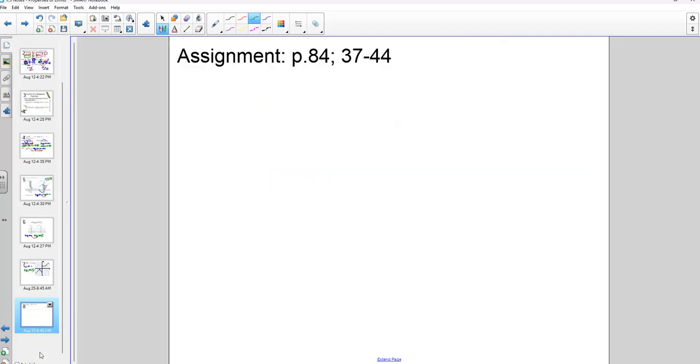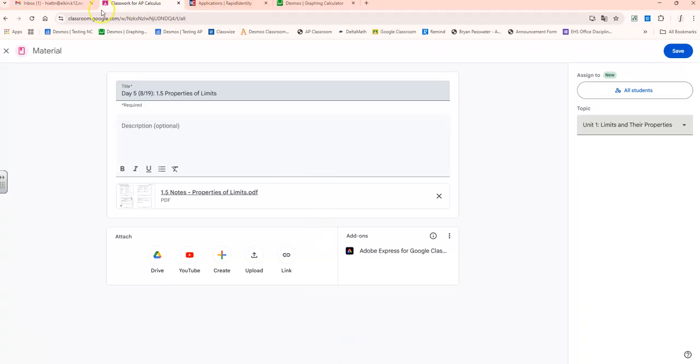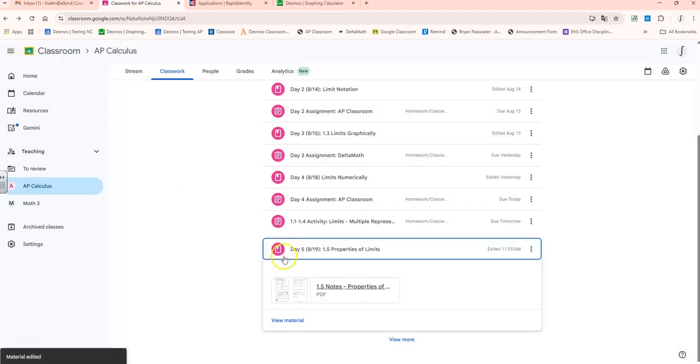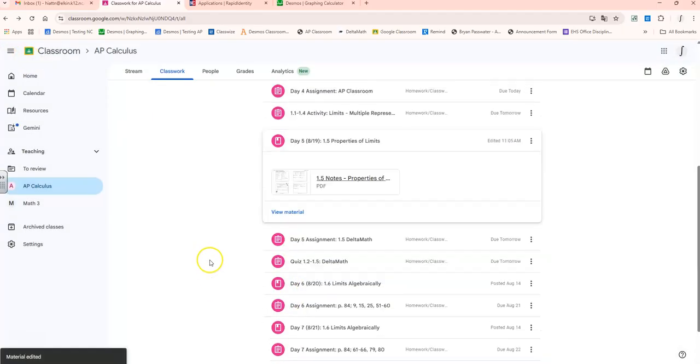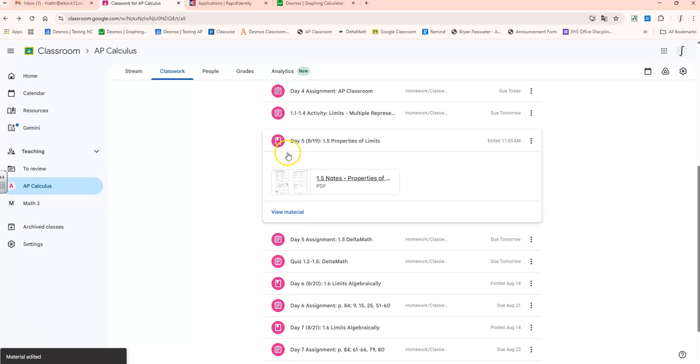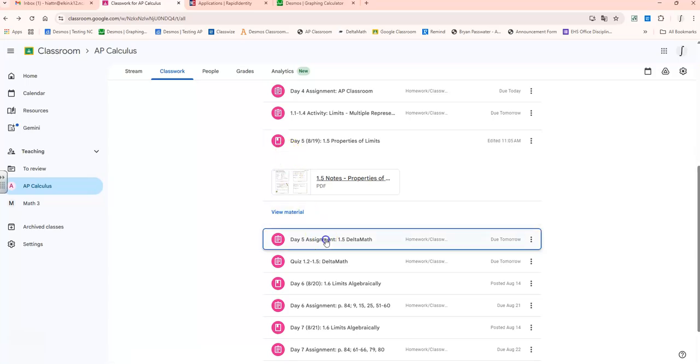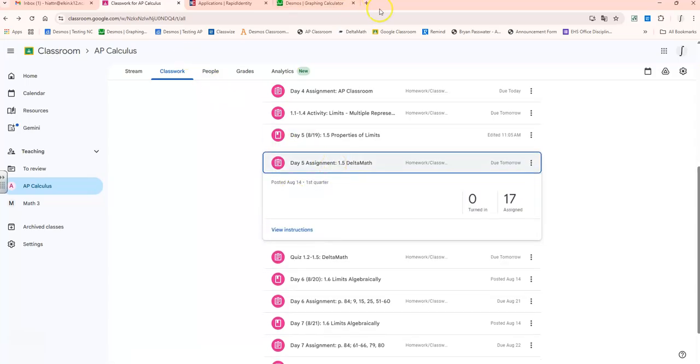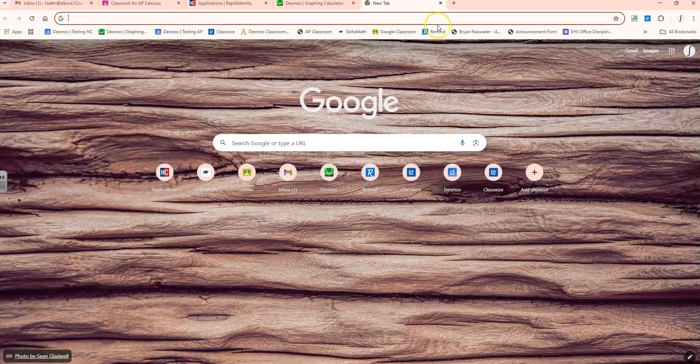Okay, so our assignment. We've got two things we're going to do. Well, actually, are we going to do two things? Let me look here. This assignment is what I used to give in the book, I think, but I have made a Delta Math. Let's make sure it's there.